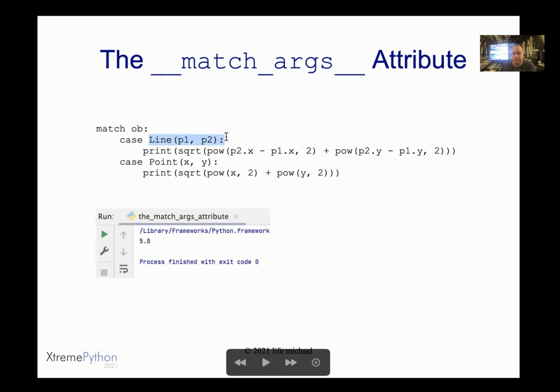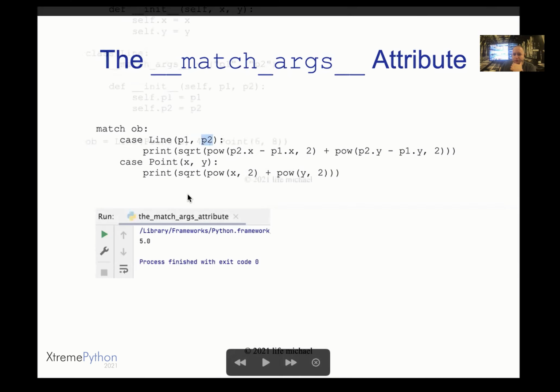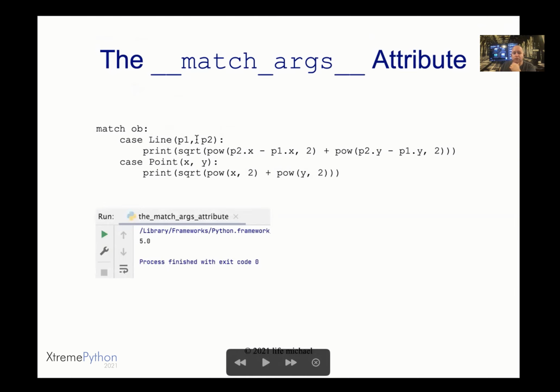But when comparing to this object, we can expect having P1 to be assigned with the reference for this object, the object that was created over here. And we can expect P2, the variable P2, to be assigned with this object, or to be more precise, with the reference for this object. And when that happens, we can use those two variables P1 and P2 and do something with them. As you can see in this code sample, where I actually calculate the length of the line and print it to the screen. That's all.